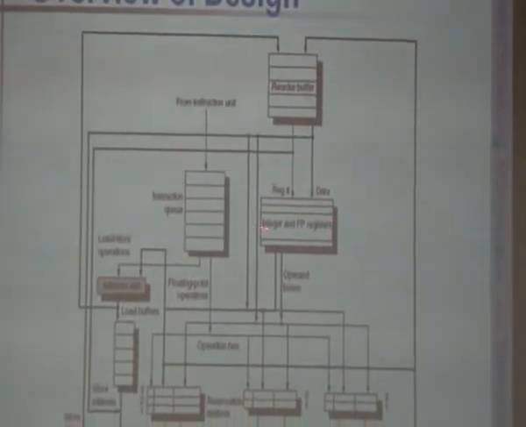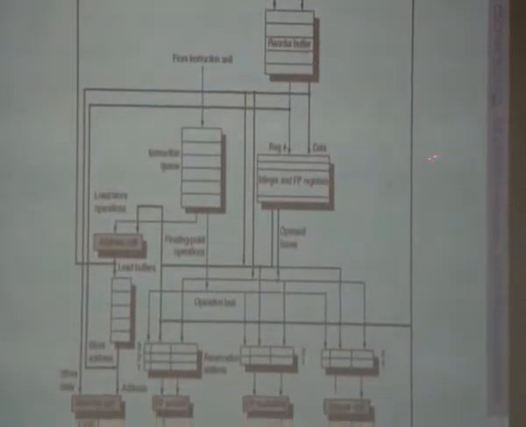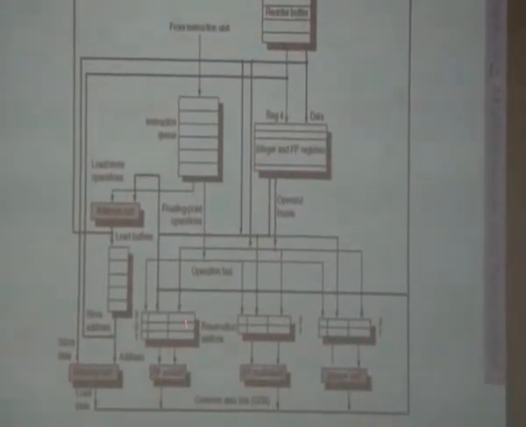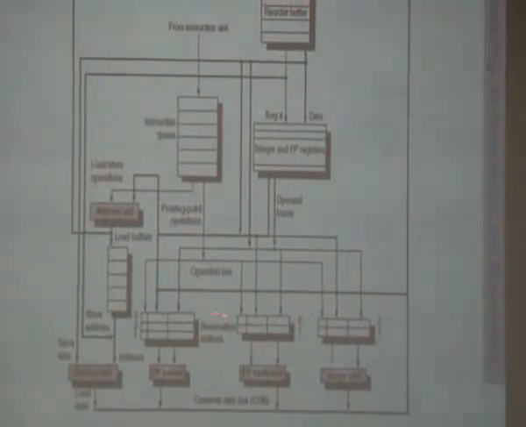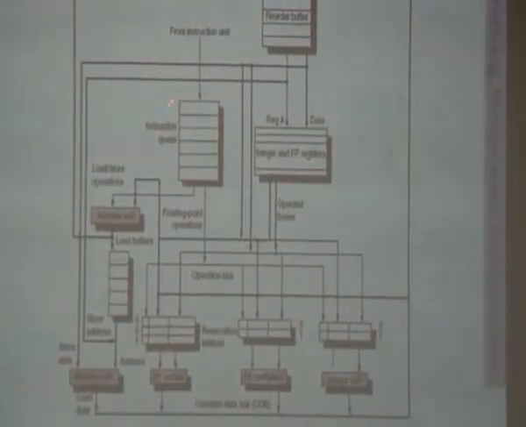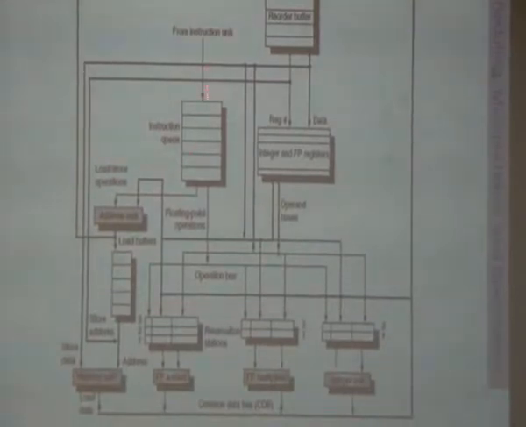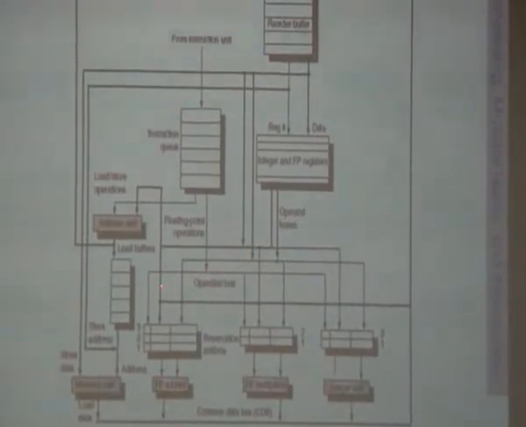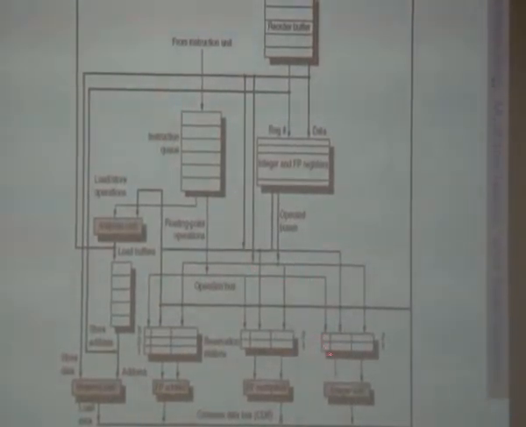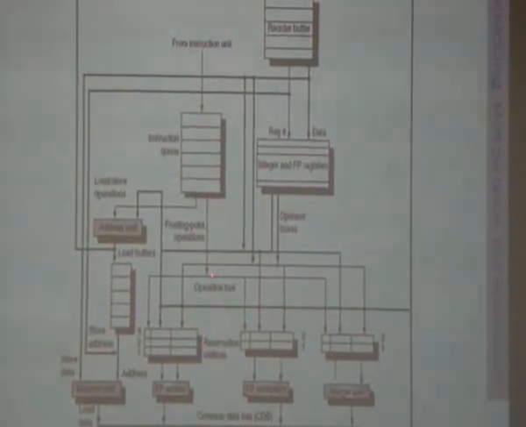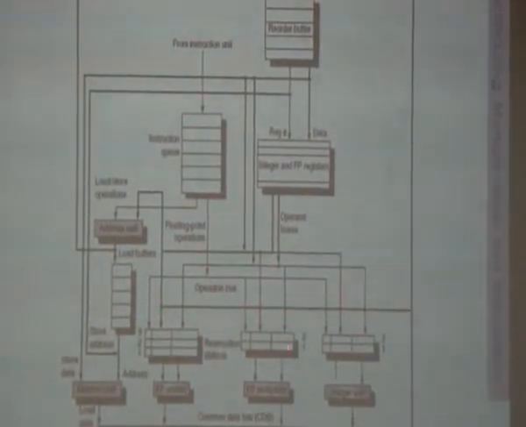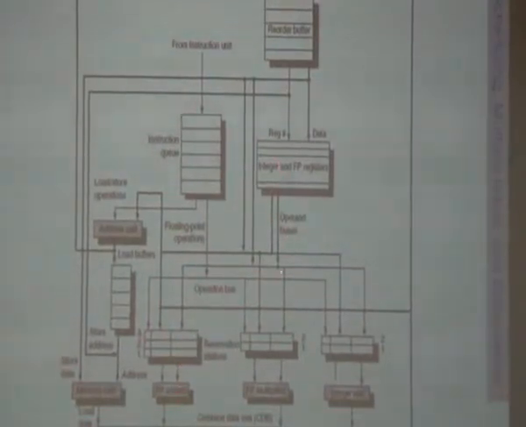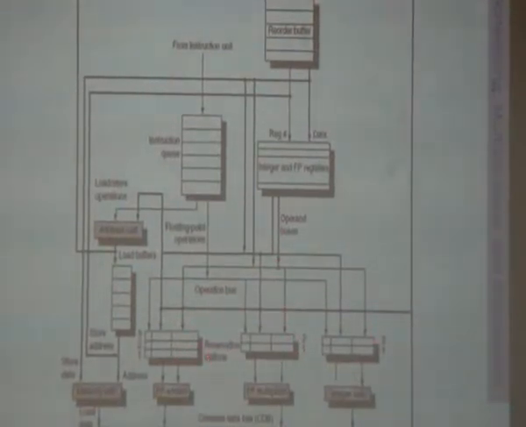Then we have the integer and the floating point registers which contain the data, the operand buses which give the operands to the reservation stations, and we also have the instruction queue which fetches the instruction from the instruction unit and gives it through the operation bus to all the reservation stations. The operations are given from the instruction queue to the reservation stations, and the operands are taken from the integer and floating point registers through the operand buses and given to all the reservation stations.